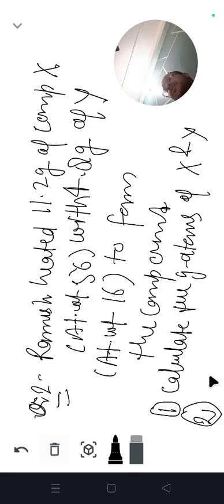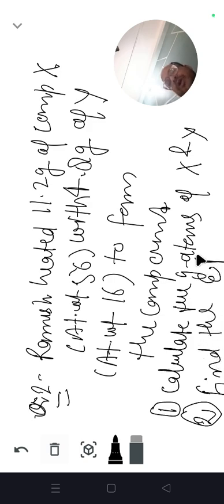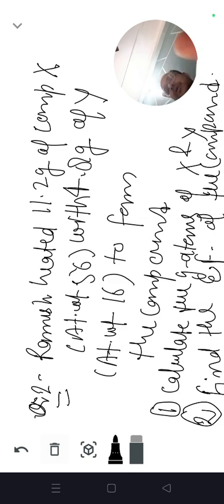Second part, find the empirical formula of the compound, right?